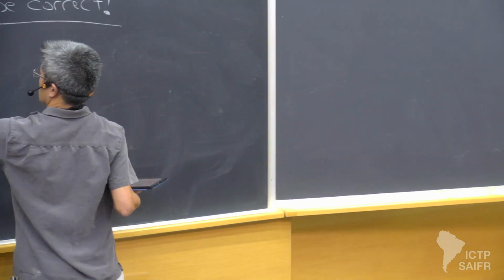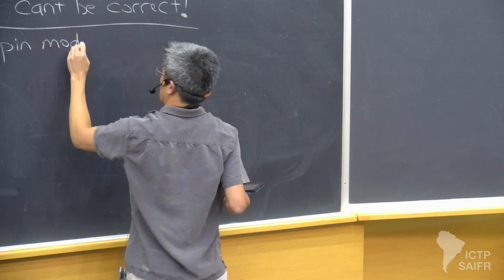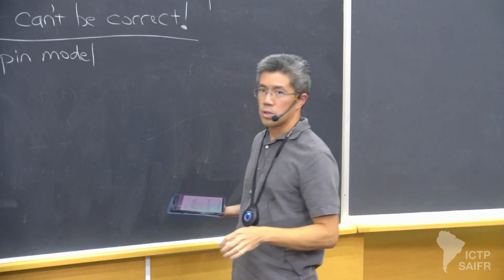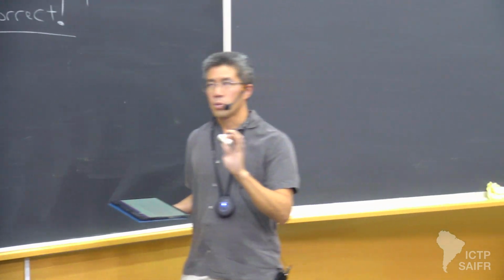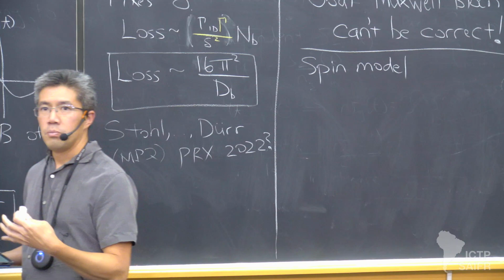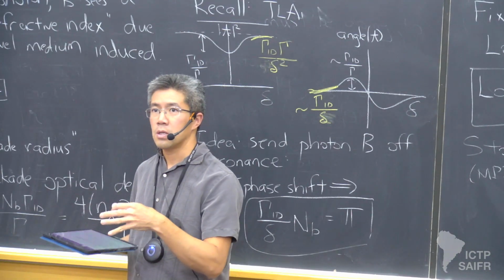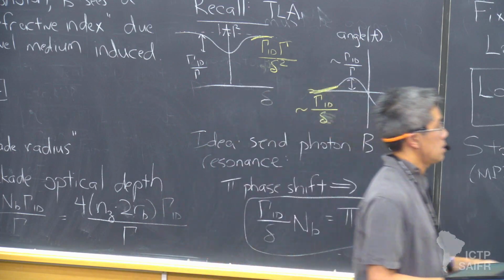So in the next lecture, we'll go back to the spin model, but apply it not to this toy-model chiral waveguide, but to the original physical system of interest, which is 3D atoms in free space.